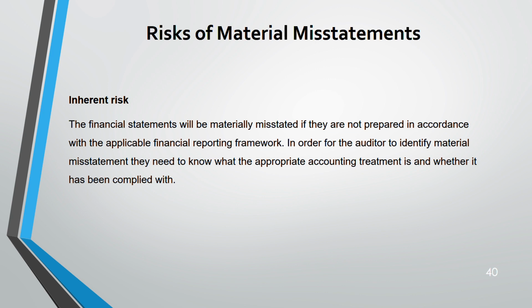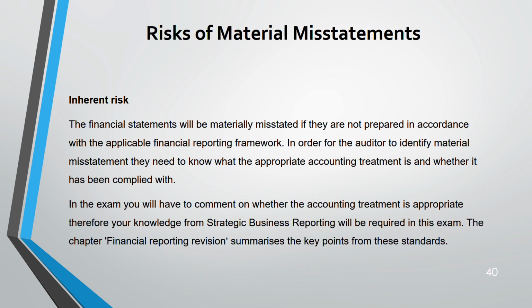In order for the auditor to identify this material misstatement, you need to make sure that appropriate accounting treatment is followed. So in your exam, you need to comment on whether the accounting treatment has been complied with or not. That's why when you're sitting for AAA, you need the knowledge of SBR. Without SBR, you cannot pass AAA. It's very unlikely you can pass. You can't.